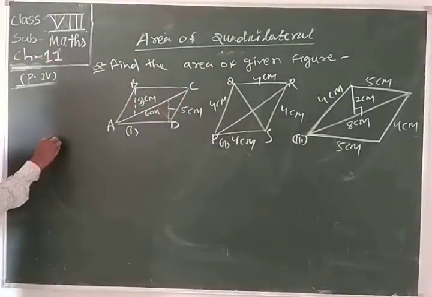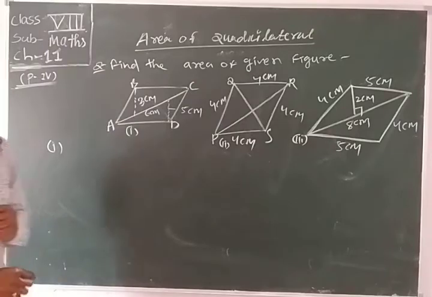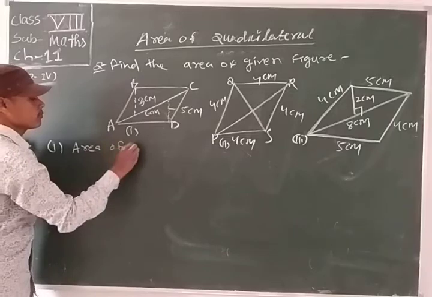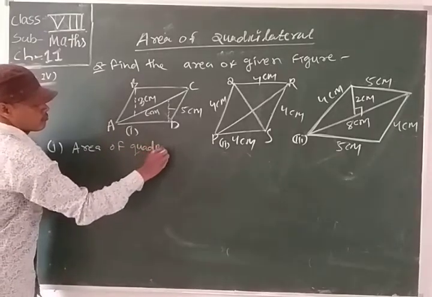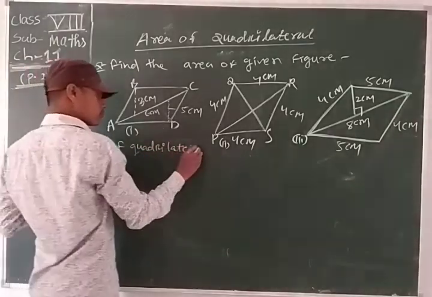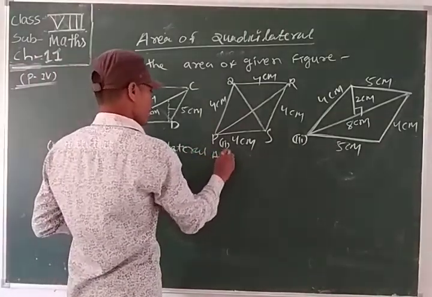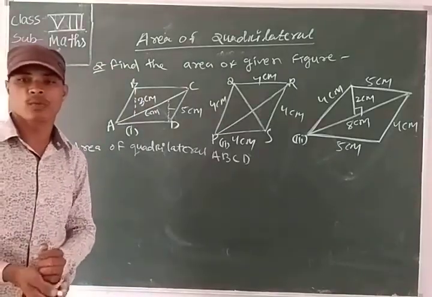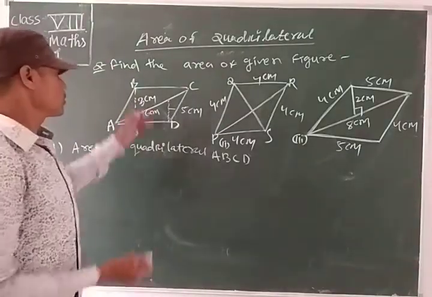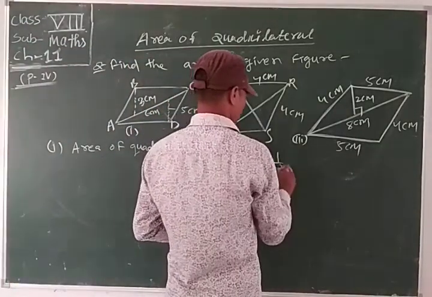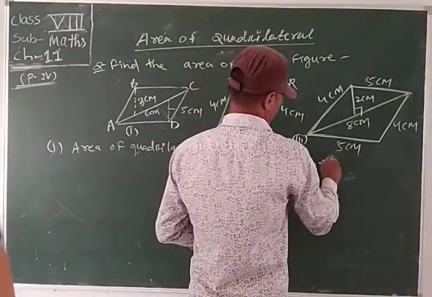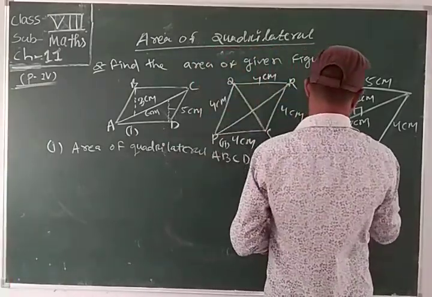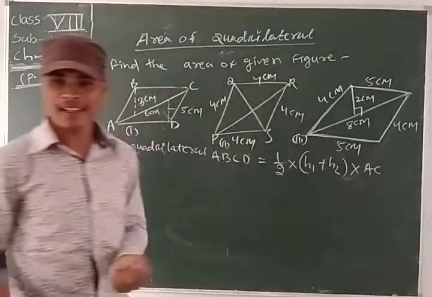Figure 1 is a quadrilateral, so the area of quadrilateral ABCD. We know the formula of the area of a quadrilateral: 1 by 2 into H1 plus H2 into AC. AC means its diagonal.